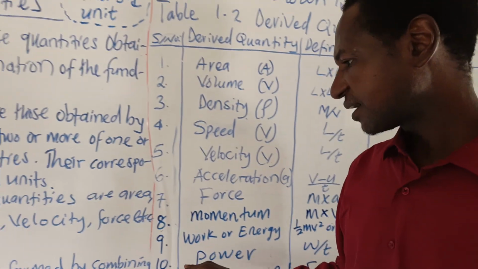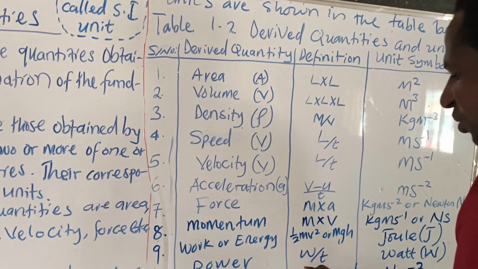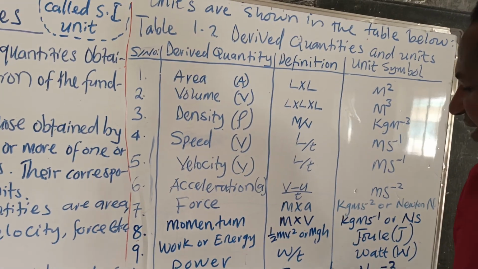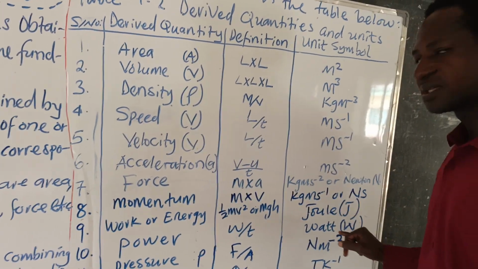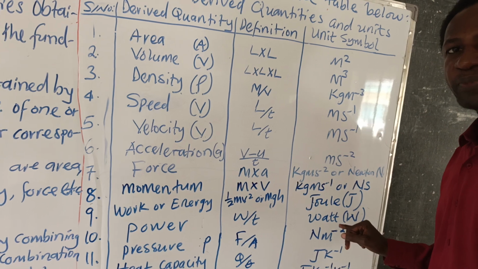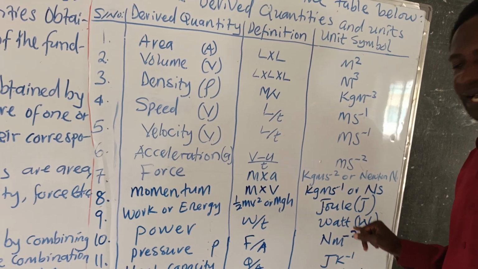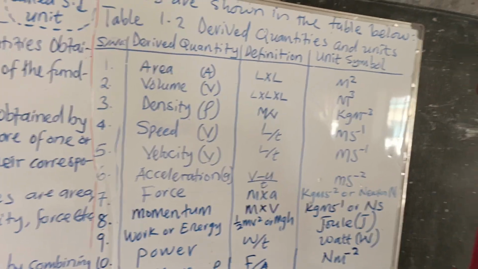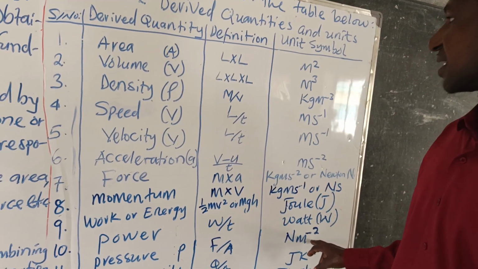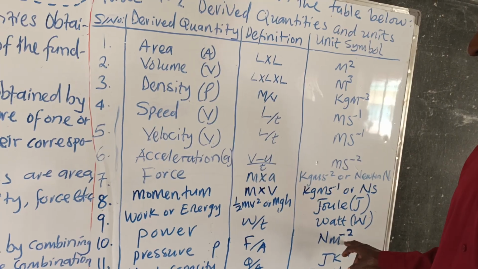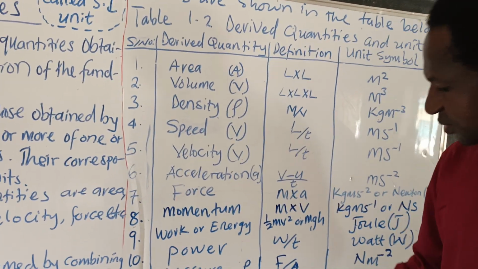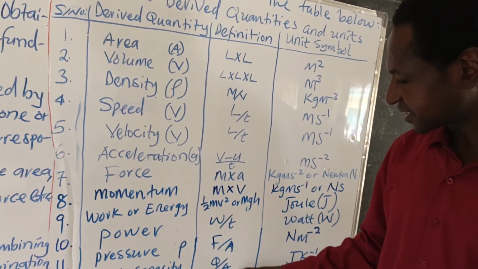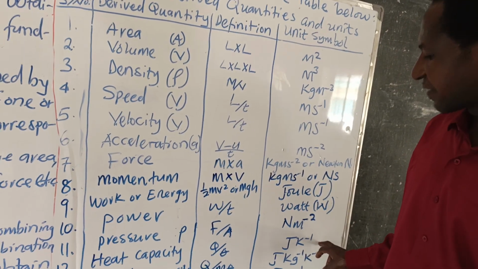Then power is equal to work divided by time, and the unit of power is the watt, represented as W. Then pressure is equal to force over area, which is Newton per meter squared. Heat capacity is equal to quantity of heat divided by the temperature, which is joules per Kelvin.